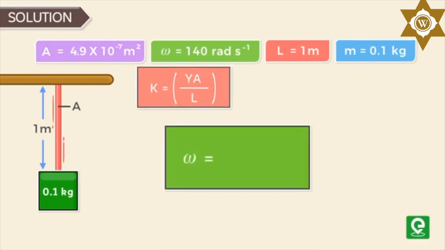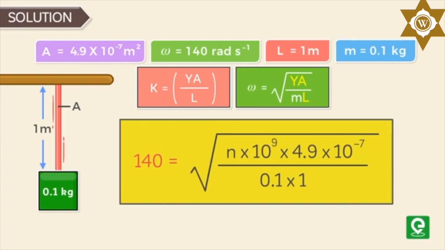Angular frequency is equal to the square root of SHM constant divided by mass. On substituting the value of the spring constant, we get angular frequency equal to the square root of Young's modulus into area upon mass into length. On substituting the given values, we get n equal to 4.